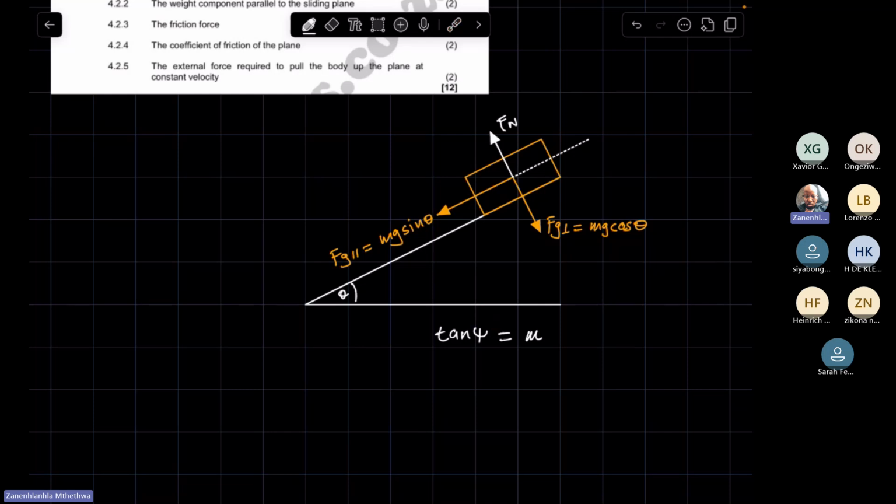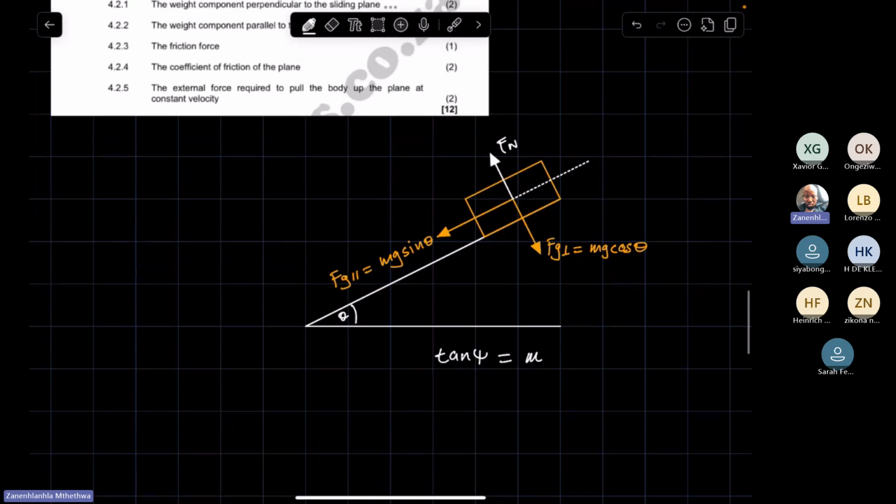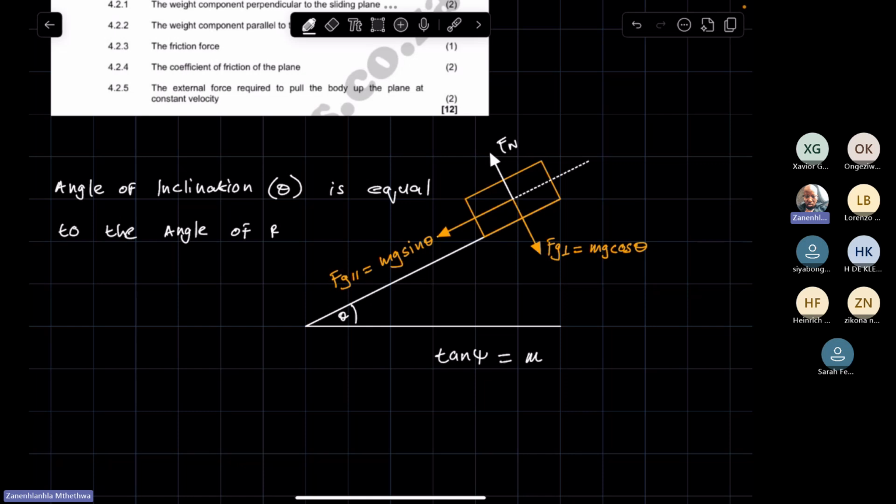So here we are saying in this scenario in particular, the angle of inclination, that's theta, is equal to the angle of repose, or angle of rest.